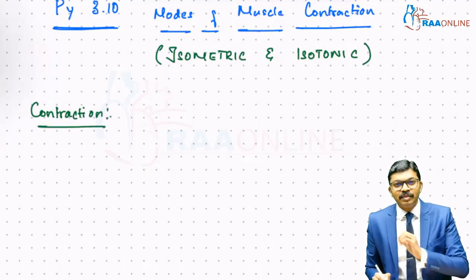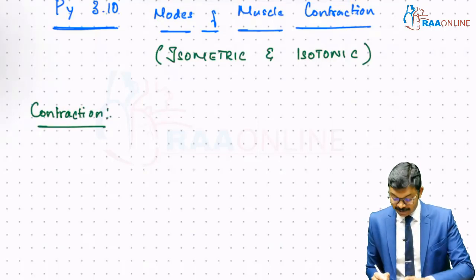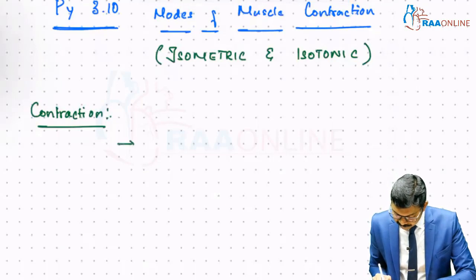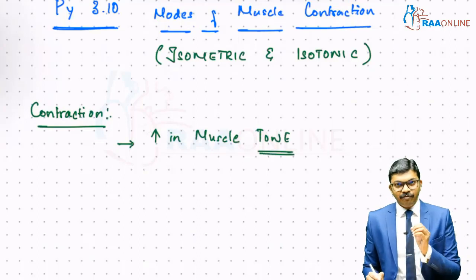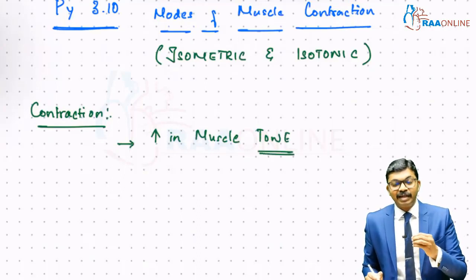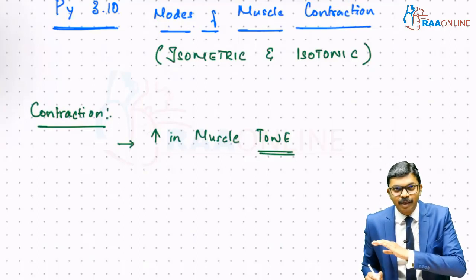This has got nothing to do with shortening of a muscle, guys. The word contraction refers to increase in muscle tone. Alright, I repeat, if you say a muscle is getting contracted, it doesn't mean the muscle is shortening.